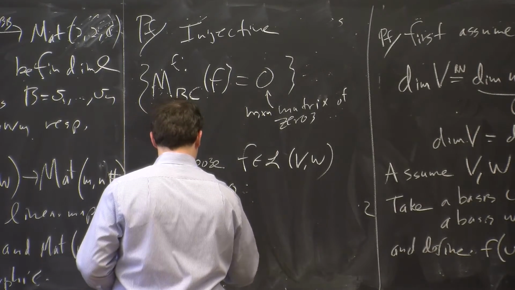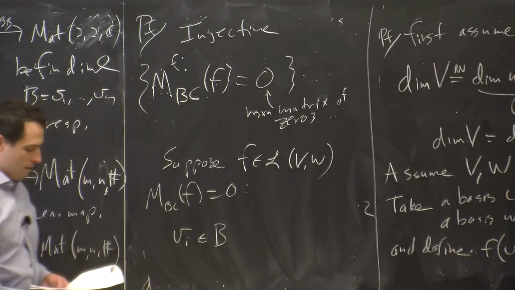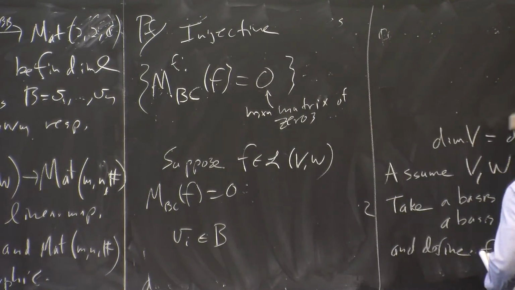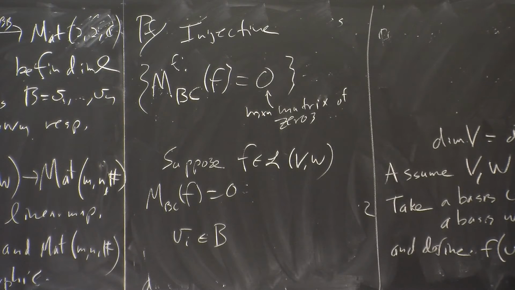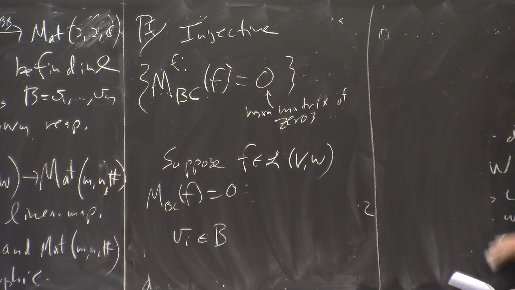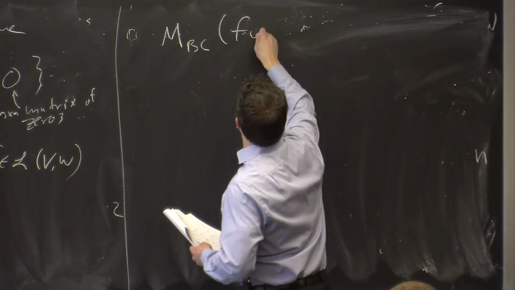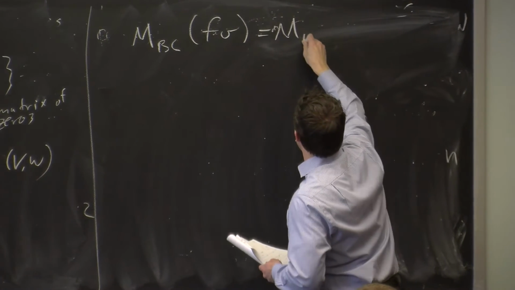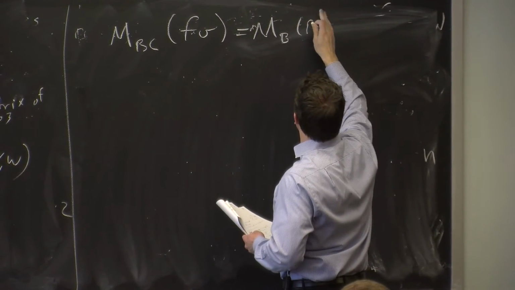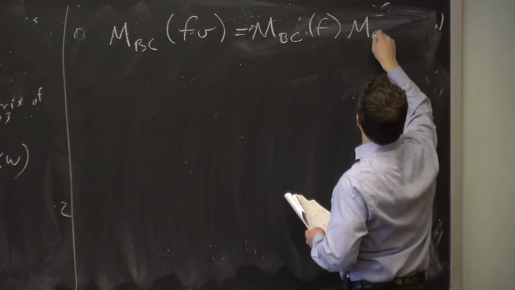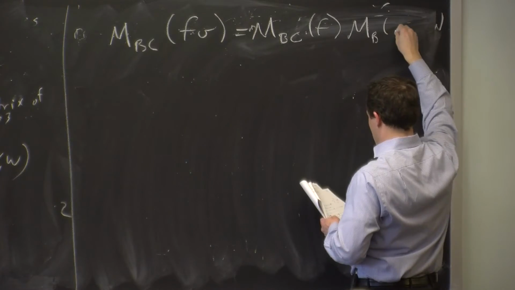And let vi be a basis vector for V. One thing that you can convince yourself by a calculation, that I'll skip, is that MBC of f v equals MBC of f times MB of v.